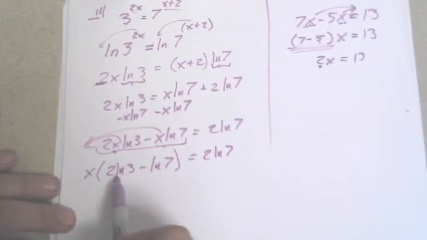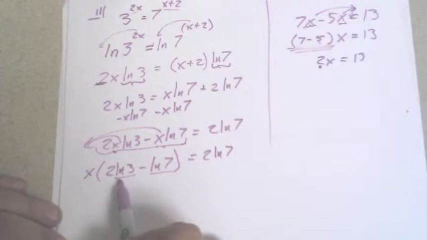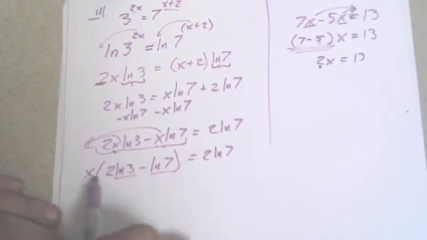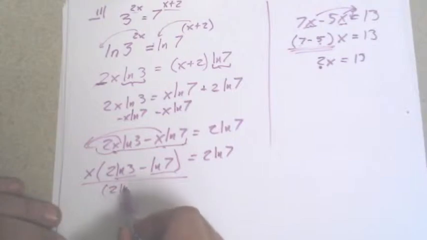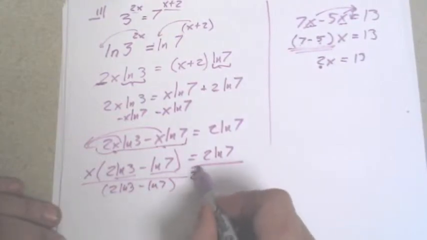But since they are weird numbers, we don't actually want to take this subtraction, but it is now just x times whatever this weird number is. So divide by that weird number, the 2 natural log of 3 minus the natural log of 7, on both sides, of course.